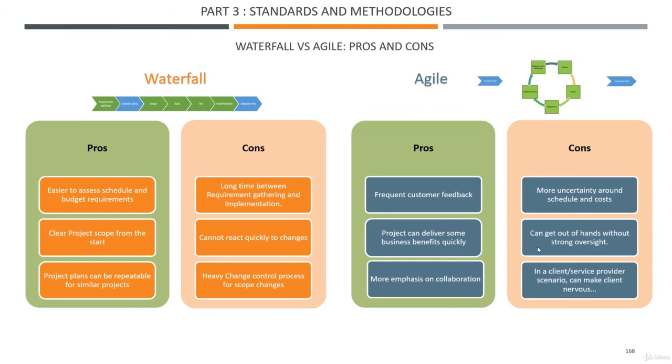Another disadvantage: it can get out of hand without strong oversight. So it's very important that, for instance, if you have a business person involved here, that he or she has the authority and doesn't work too much in isolation, because otherwise they're going to bombard you with a lot of different types of requirements.